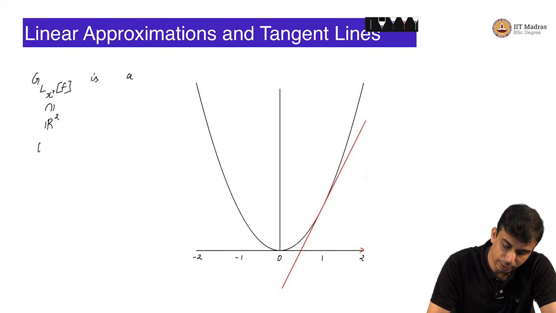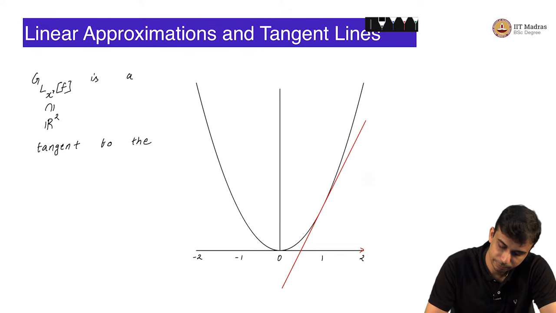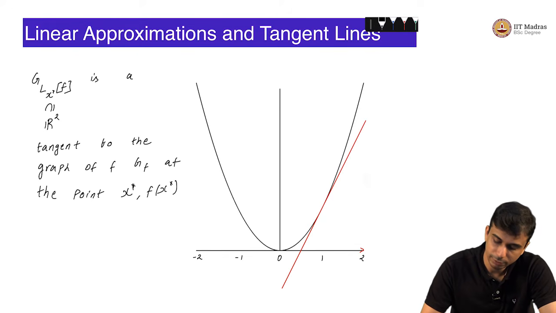It is a tangent to the graph of f, Gf, at the point x star comma f of x star.